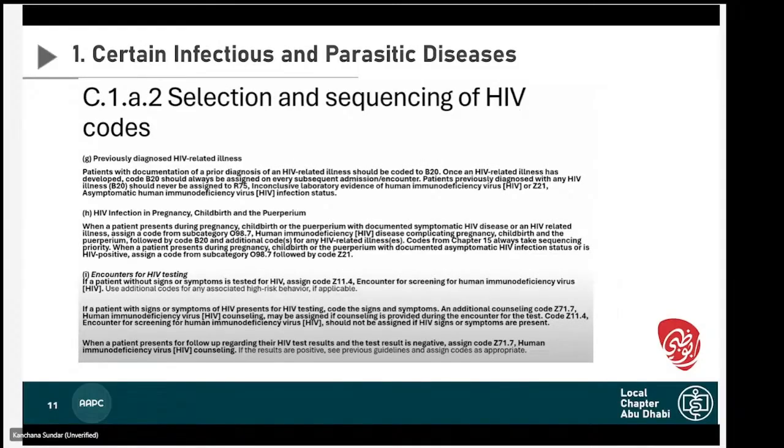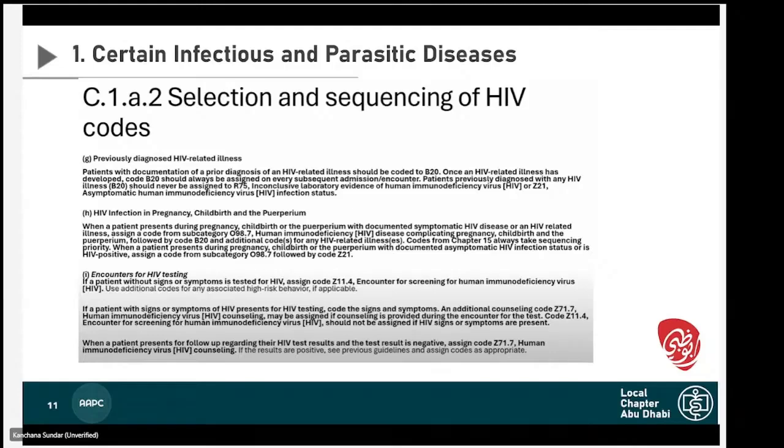And when we talk about the previously diagnosed HIV related illness, this guideline still says what I have mentioned, that a patient once diagnosed with an HIV related illness should never be coded back to Z21, that is an infectious status.